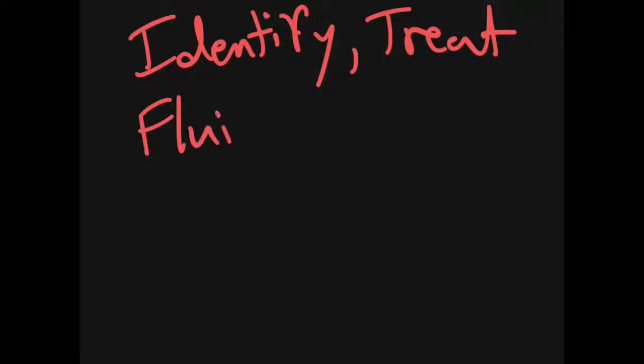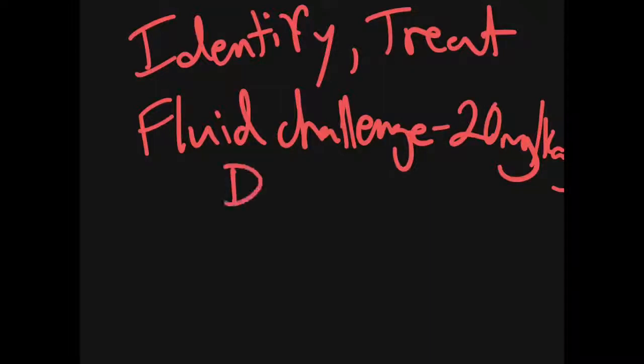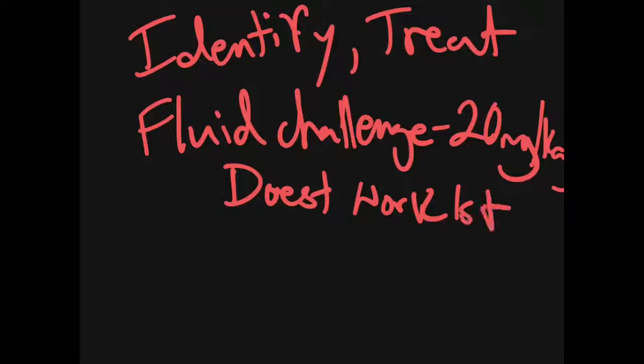You remember from paramedic school or AEMT class that a fluid challenge is 20 milliliters per kilogram. And you do that 20 milliliters per kilogram. Now, if that doesn't work the first time, you're going to go on to dopamine. That's a paramedic drug that we're going to use.